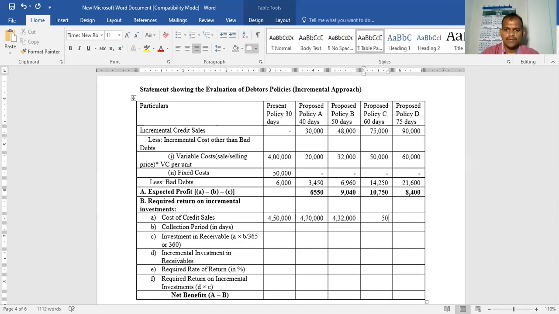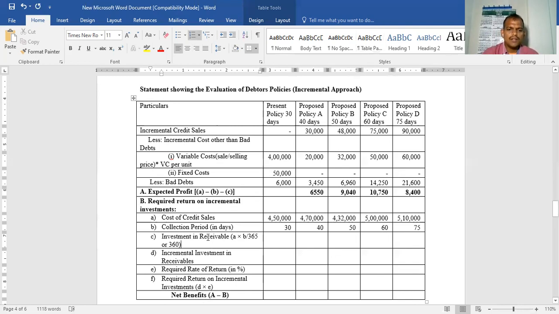And 5,10,000 for policy D. So collection period 30 days, 40 days, 50 days, 60 days, and 75 days.